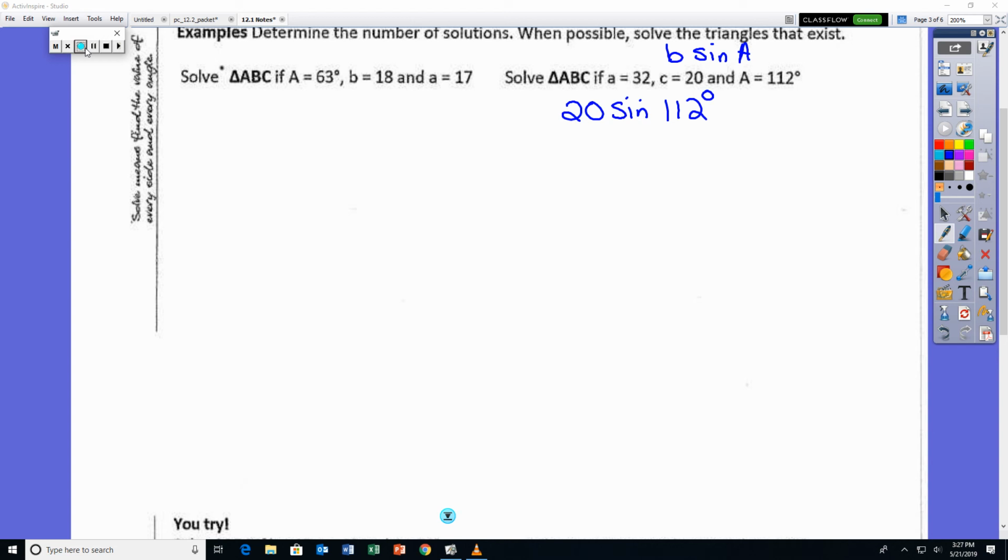When I multiply that out, 20 times the sine of 112 gives me 18.54. Now when I compare that to 32, that's less than 32.